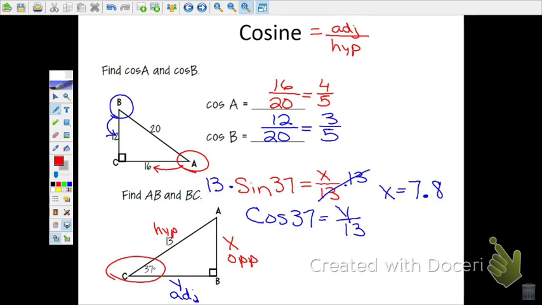So again, we want to get rid of that 13, so multiply by 13 on both sides. And we're ready for the calculator. 13 times cosine of 37. So y equals 10.4, rounded to the nearest tenth.